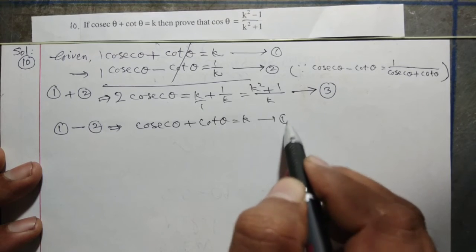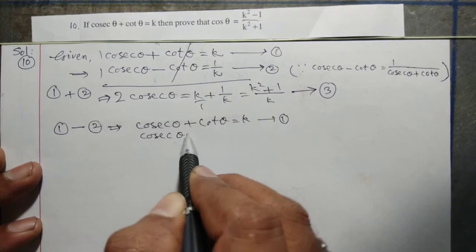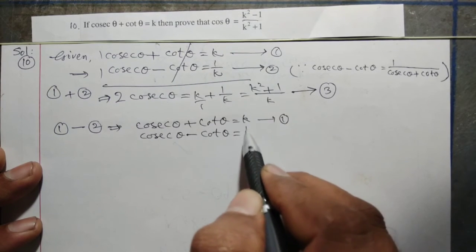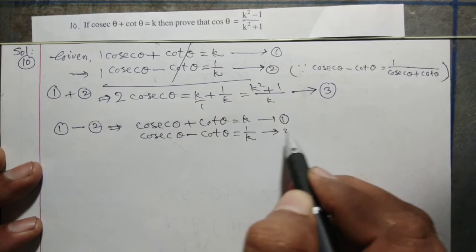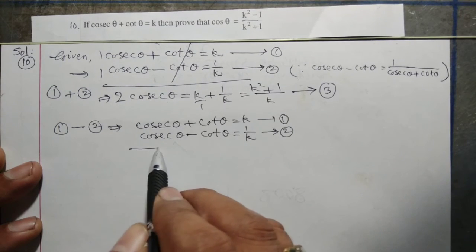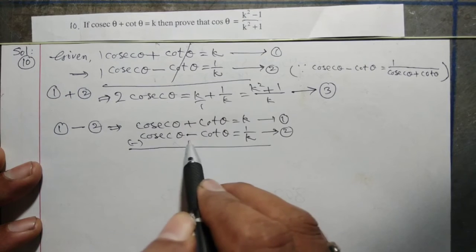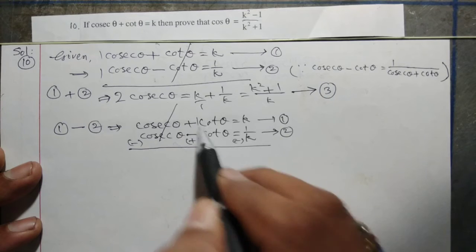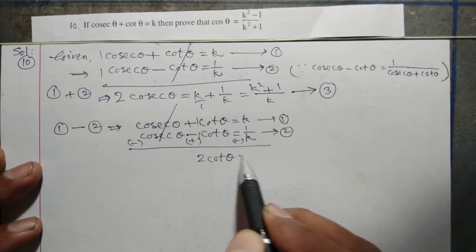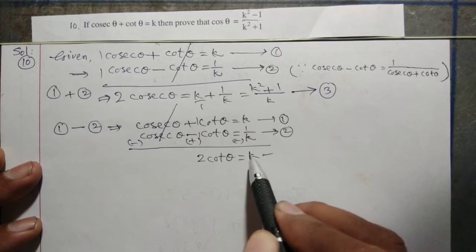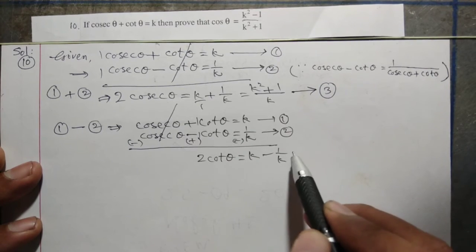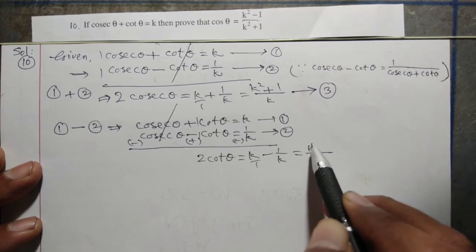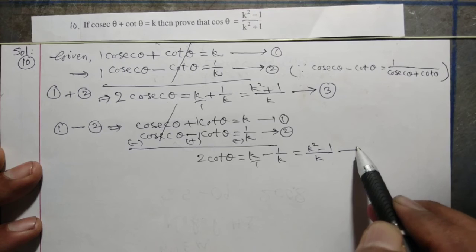This is equation 1. Cosec theta minus cot theta is equal to 1 by k. This is equation 2. While subtracting, we have to change the signs of the terms which we are subtracting. So these will cancel. This is 1 cot theta, 1 cot theta, 2 cot theta is equal to k minus 1 by k. Taking LCM of this, k square minus 1 by k. This is equation 4.